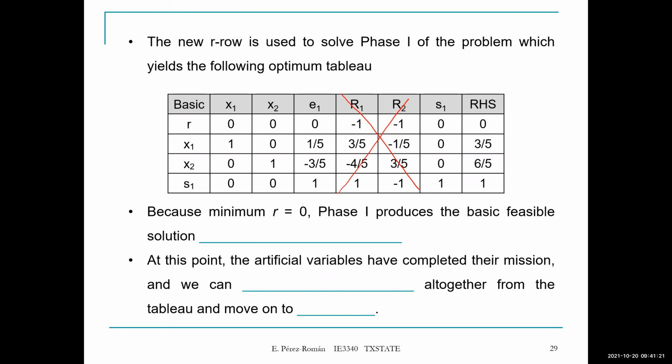Since the minimum R equals 0, phase one produces the basic feasible solution, as we stated already. X1 equals 3/5, X2 equals 6/5, and S1 equals 1. So again, at this point, the artificial variables have completed their purpose, so we can eliminate those columns and then proceed to phase two.